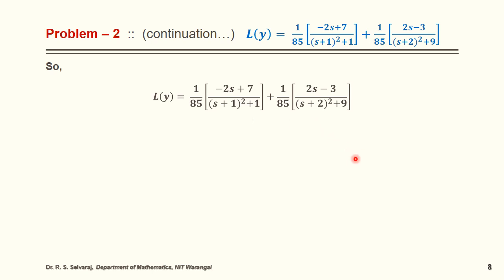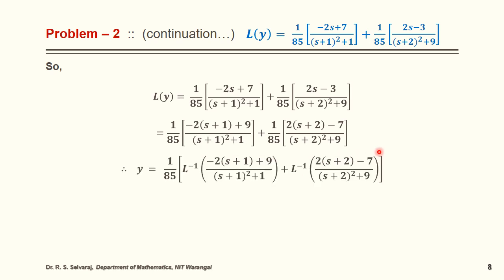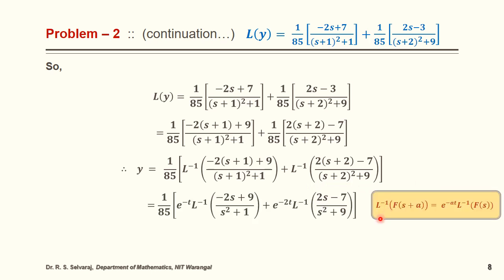We will convert the first term as a function of s + 1 and the second term as a function of s + 2, so that y can be expressed as the inverse Laplace transform of this function of s + 1 plus the inverse Laplace transform of this function of s + 2, so that we can apply this formula: L inverse of f(s + a) is e^(-at) into L inverse of f(s). So we apply that formula here, and for the first term we get e^(-t) into L inverse of a function of s, plus for the second term we get e^(-2t) into L inverse of a function of s.